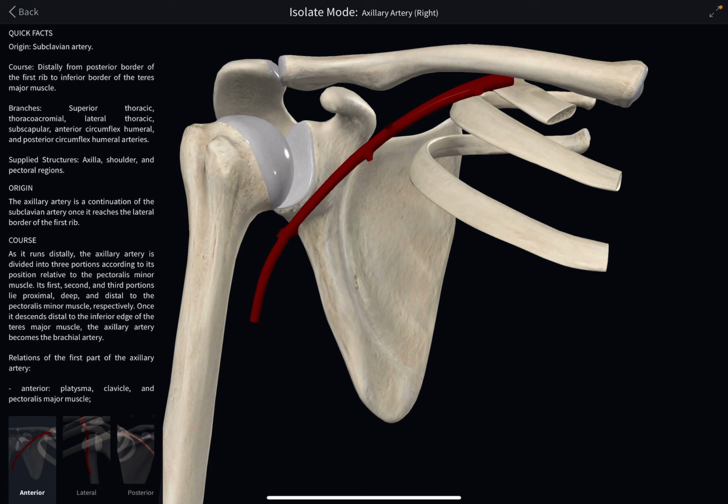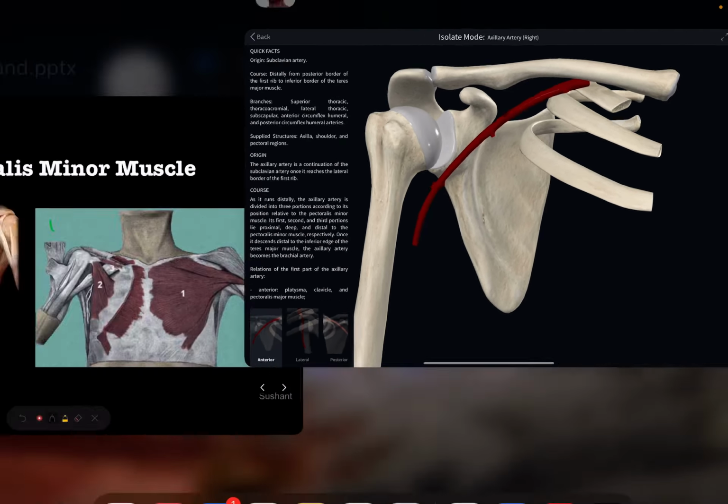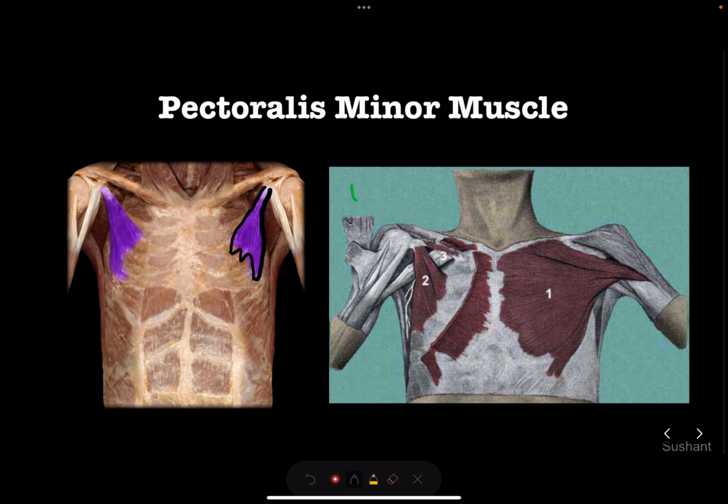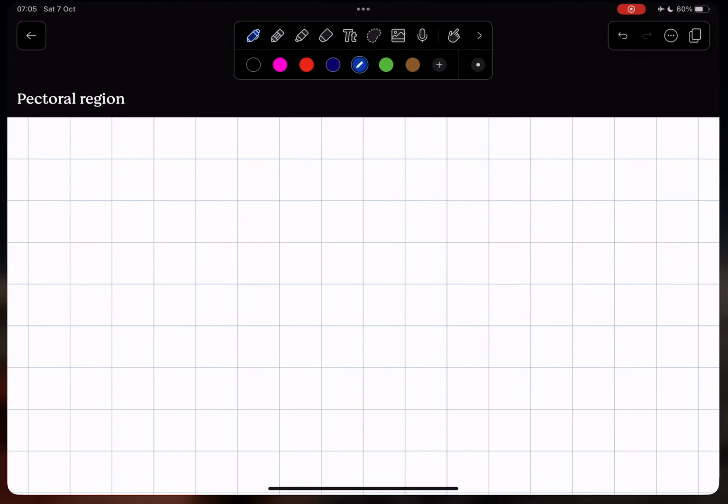A part that lies superior to it or medial to it, a part that lies deep to it or posterior to it, and a part that lies inferior to it or lateral to it. So three parts are there for the axillary artery. So how does it divide?